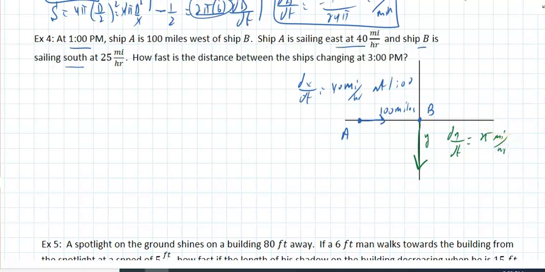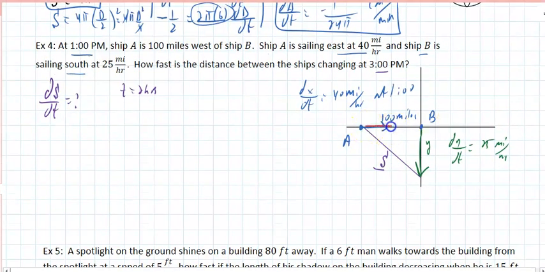How fast is the distance between the two ships changing? Call this S. They're asking for ds dt at 3 o'clock, in 2 hours. And let's see how this works.